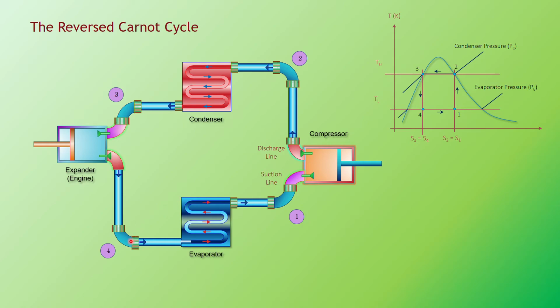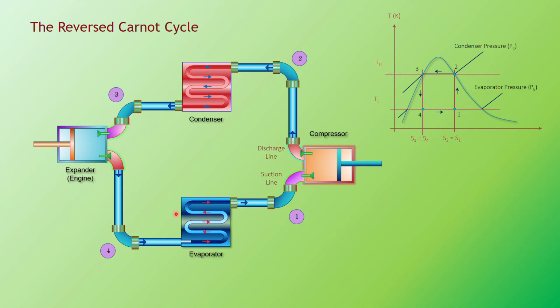So as you can see, point 4 is the inlet to the evaporator, the cold region. The outlet, point 1, is the compressor inlet, the suction line, and the discharge line then goes to the condenser, inlet, outlet, and then to the expander, inlet and outlet.